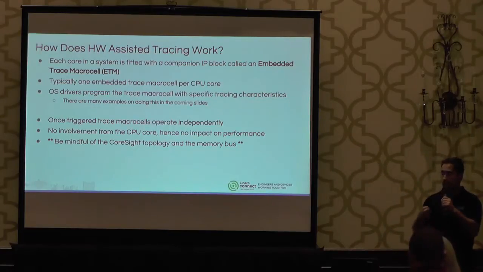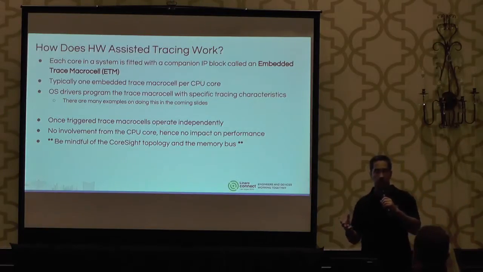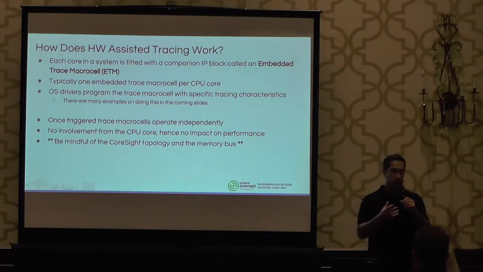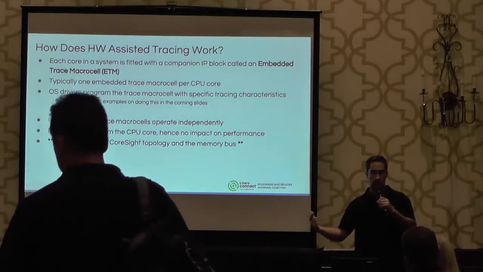The idea here is we're saying no impact, but when we're talking about a trace session, one has to be mindful of the CoreSight topology and the trace session that is currently ongoing. For example, if we're looking at a trace scenario that involves a lot of DMA transfers, then we want to be careful to not select a sink that sends trace data from the CoreSight framework to memory using DMA.